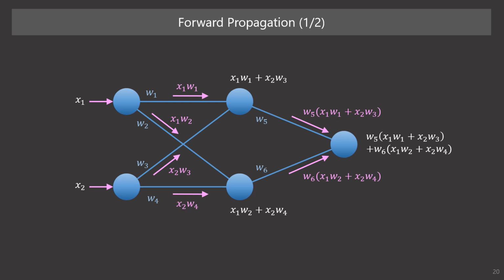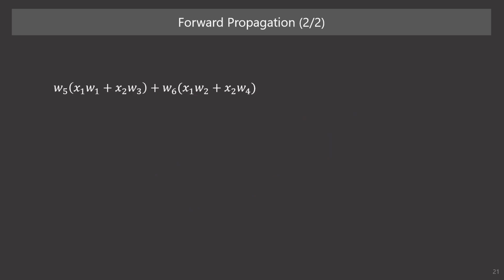You may think that the calculations are complicated. But taking a closer look, we can find that the output is simple. Let's look at the expression of the output layer. It implemented multiplication 2 times, so it seems a bit complicated.